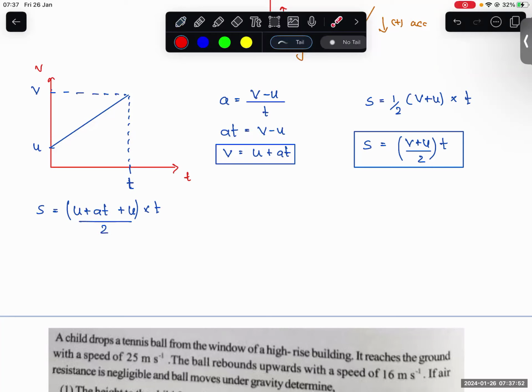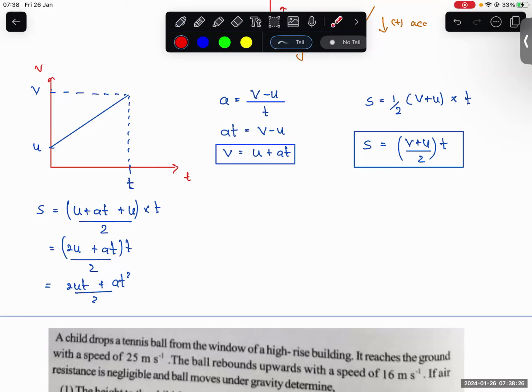Okay, so now there are two u's. So there will be two u and there is at. So I will write this in steps: 2ut plus at squared, divided by 2. So this 2 is dividing these two components.